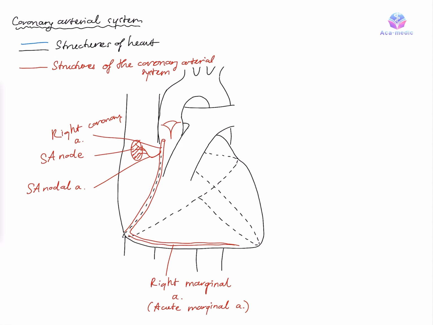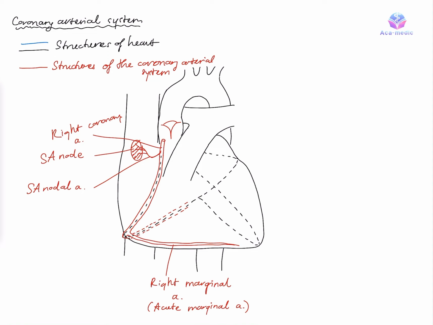All right, so let's follow it more. The right coronary artery is going to turn right here when it reaches this point, okay? And it's going to loop back towards the back or the posterior side of the heart. And it's going to continue going in the coronary sulcus like this.